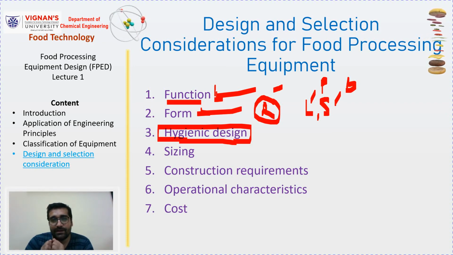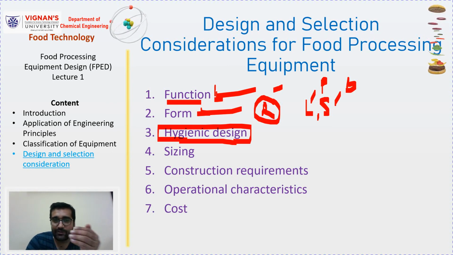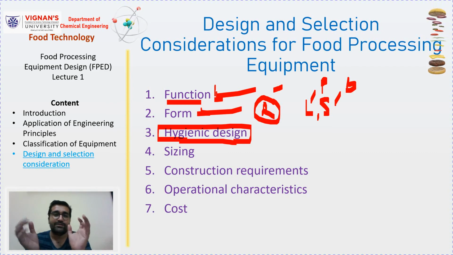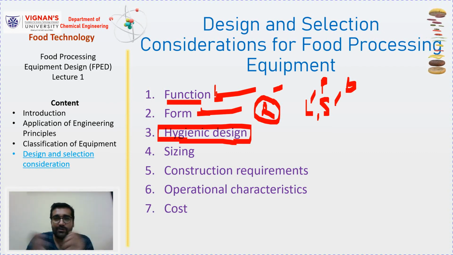problems in the plant. And one equipment not working properly in the plant can shut down the whole plant, because we are not able to clean the equipment because of its design. Suppose we designed one silo for milk, and we design it in such a way that we can't clean it properly.